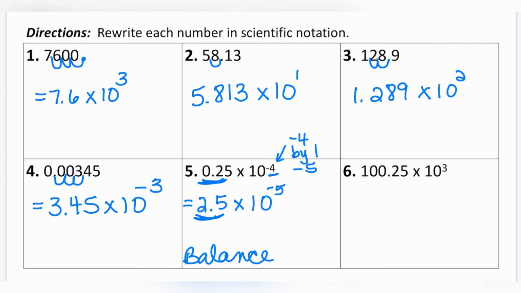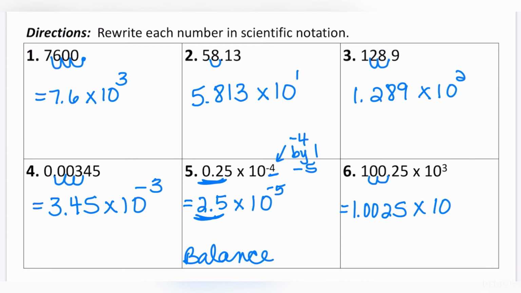I have 3 digits right now in front of the decimal point. I'm only supposed to have one non-zero digit. That means I have to move the decimal point back 2 spaces. So this is going to become 1.0025 times 10 to the, and then notice what happened.